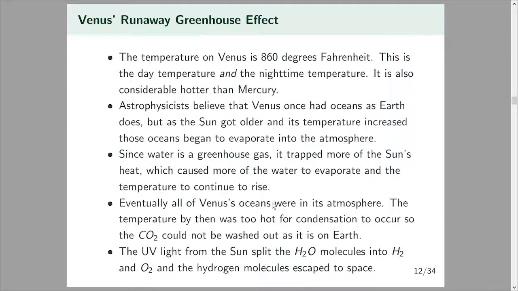Ultimately, ultraviolet light from the sun has split the H2O molecules, and the hydrogen, when it gets split, is hot enough that it can just leave and go into space. And so Venus not only doesn't have any water on its surface, it has almost no water in its atmosphere as well. And it's extremely hot. That's the runaway greenhouse effect.